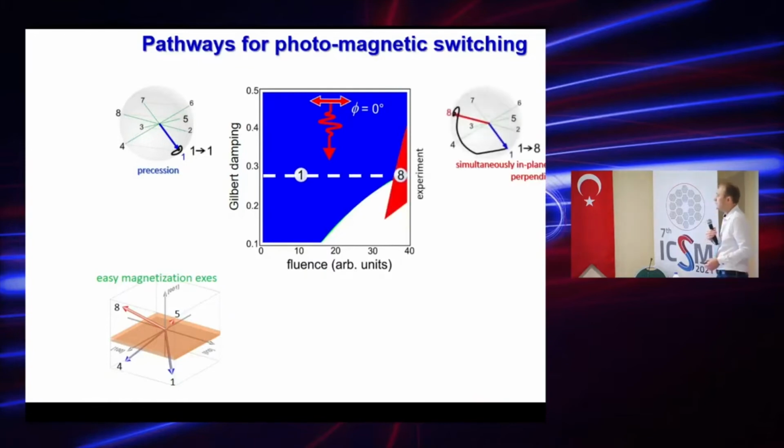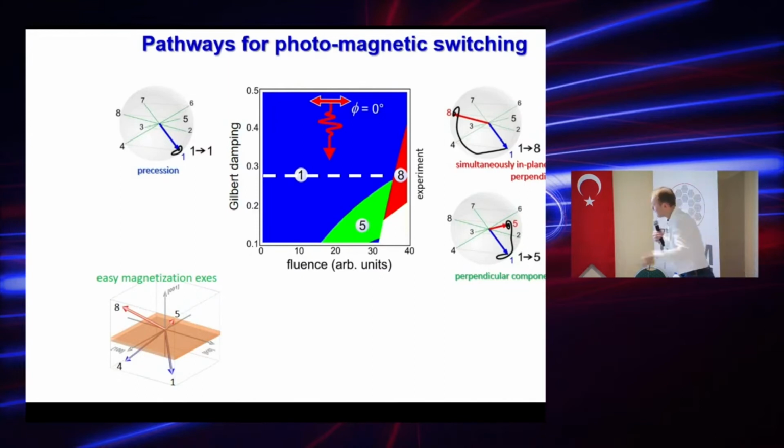If you look at our situation, exactly our experiment, we confirm the switching between two states simultaneously in the in-plane and perpendicular magnetization components. The blue area corresponds only to precession below the threshold limit. Next, if you decrease the Gilbert damping, we will observe switching only in the perpendicular component.